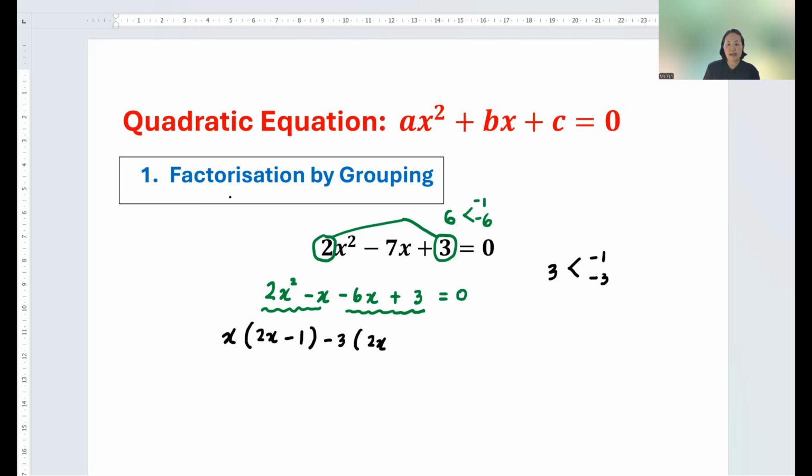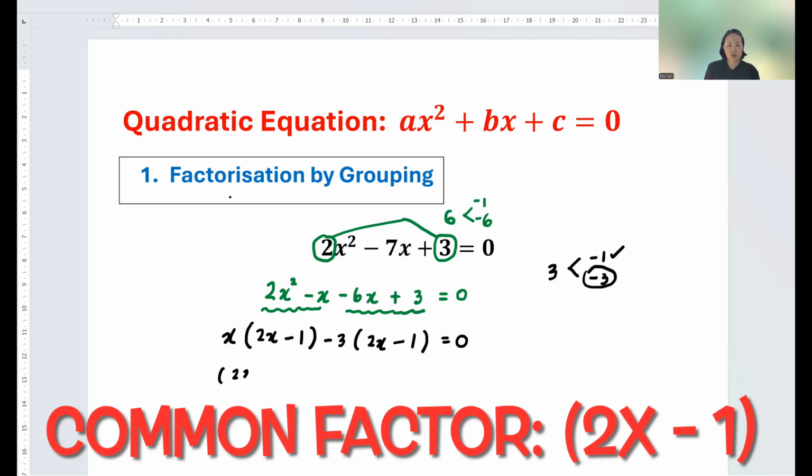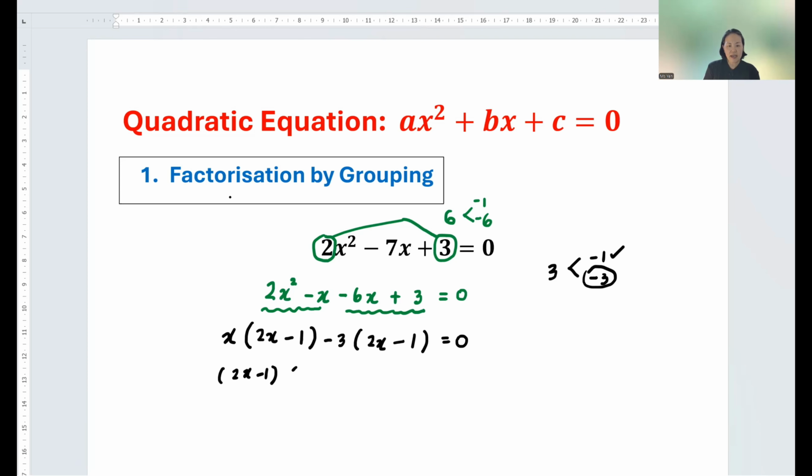So if I take the minus 3 out, I'm left with minus 1. That is my second factor there. Now I can see another common factor, which is 2x minus 1. So I'll take the 2x minus 1 out, and what is left is x minus 3 equals 0.